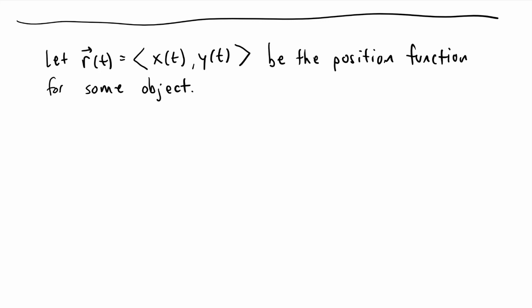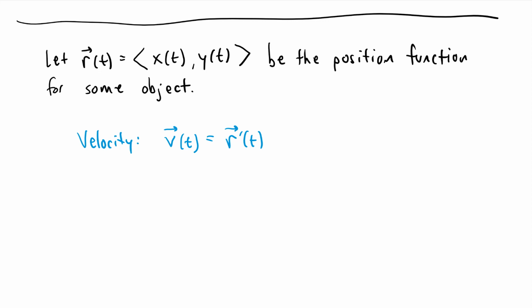Well, just like we're used to with regular functions, if I then want velocity for that object, we could just call that v, except for it to be a vector valued function, v, and we would find it by just doing the derivative of r. Simple as that, just like we normally would.